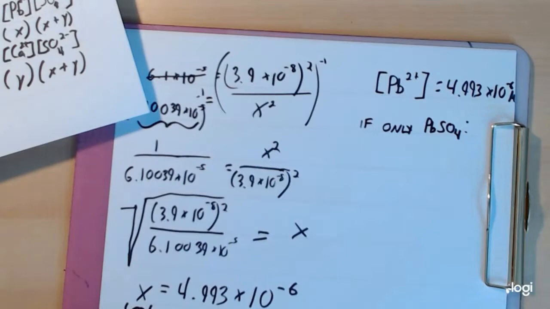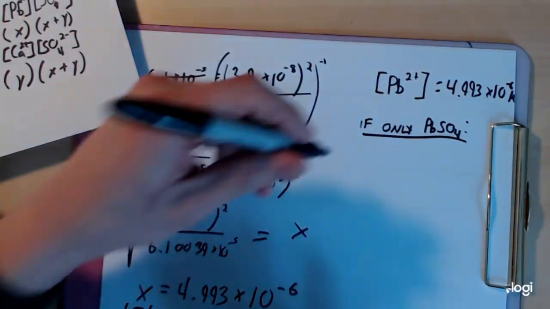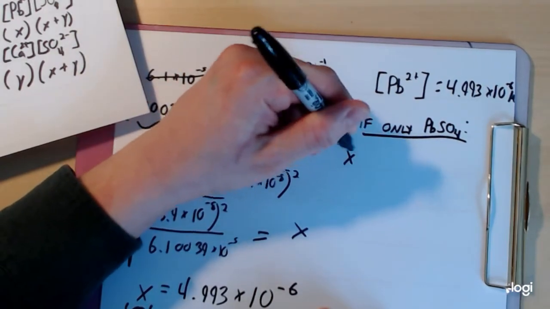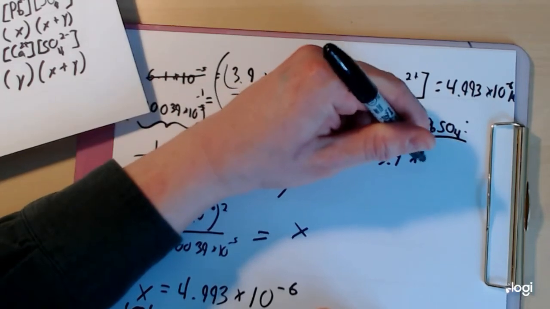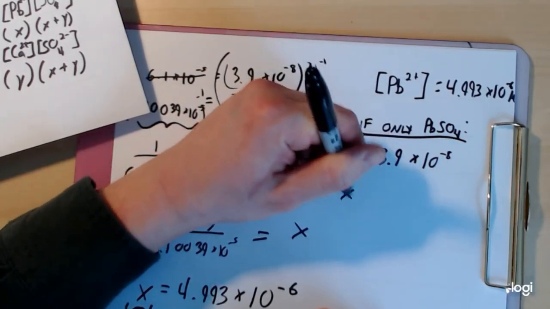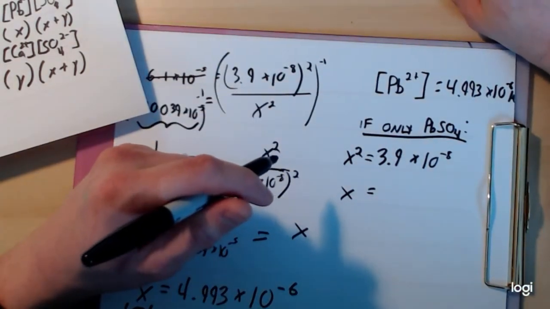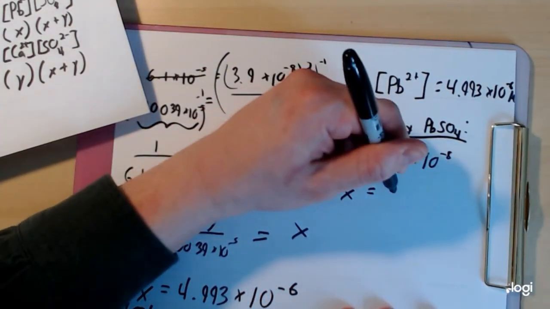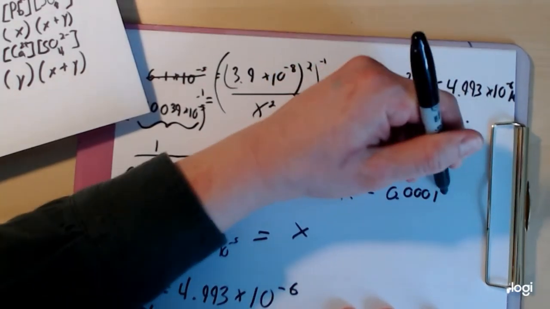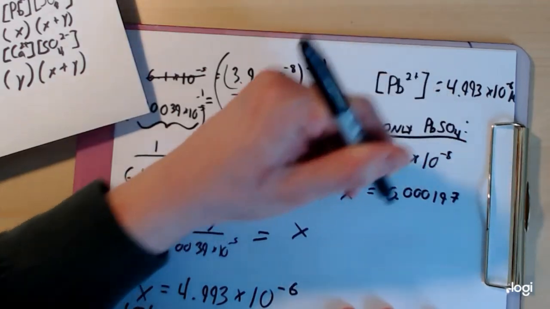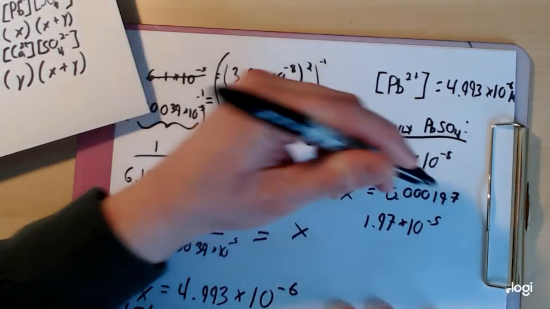So if there's only lead sulfate in the system and no calcium sulfate in the system, you would have x squared equals your equilibrium constant, 3.9 times 10 to the negative eighth, or x, your lead concentration, would equal 0.000197, or 1.97 times 10 to the negative fifth.